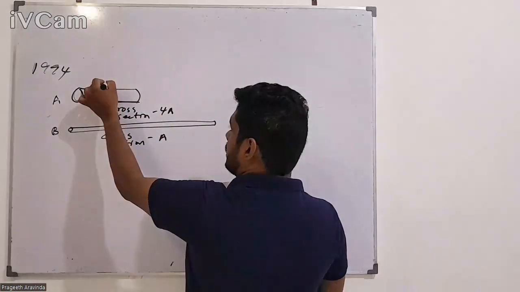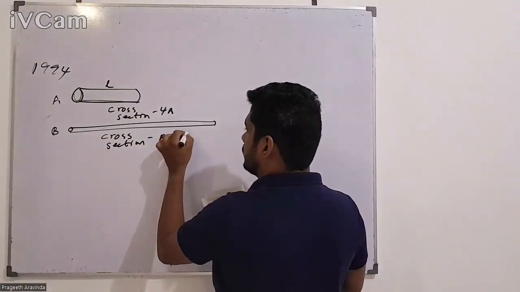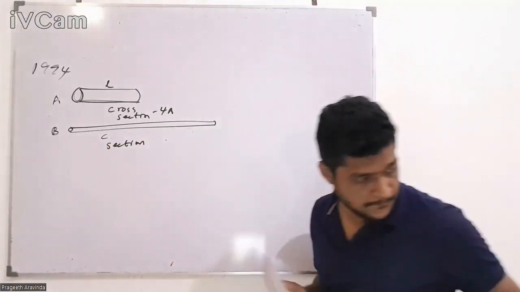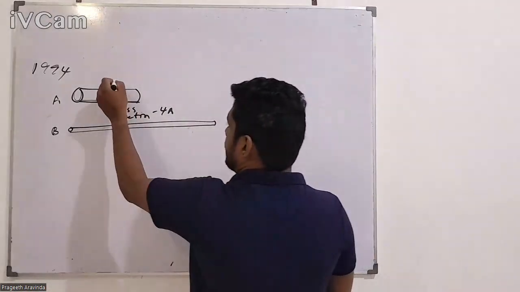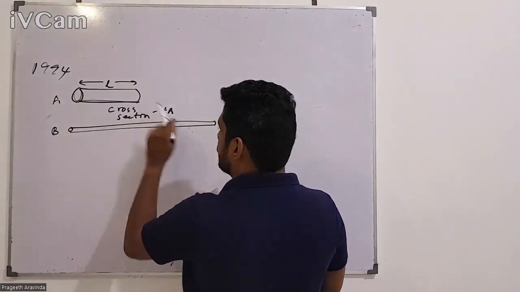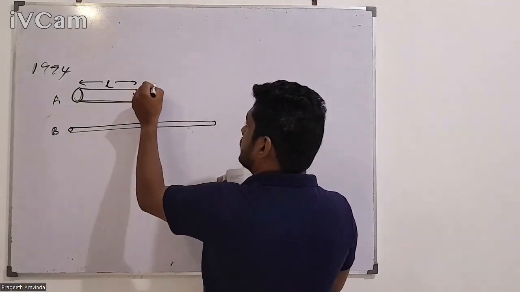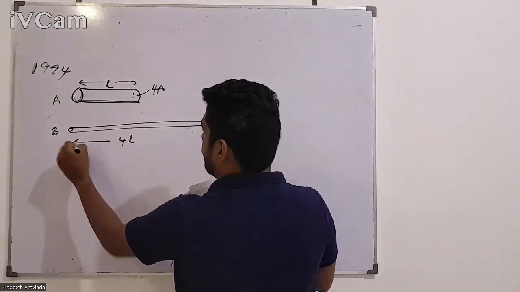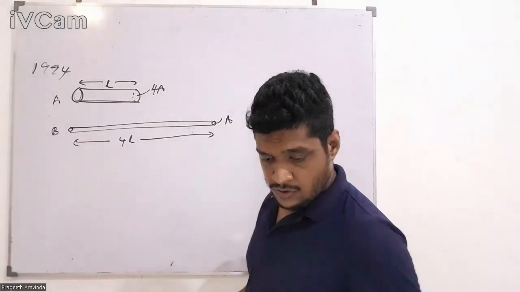So this should be L and this should be 4L. Right? This should be L. This area 4A, and the length is 4L. Right?